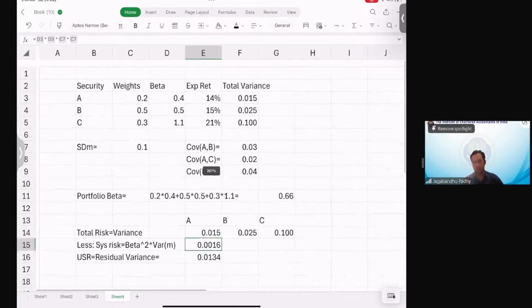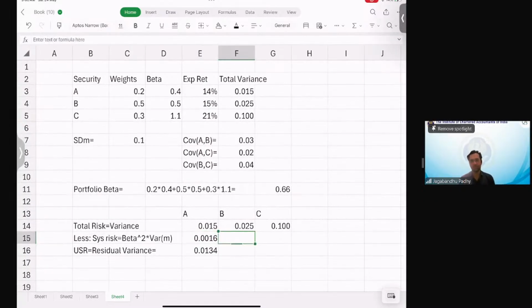Same way, compute it for company B and C. Compute it for security B and C, guys.